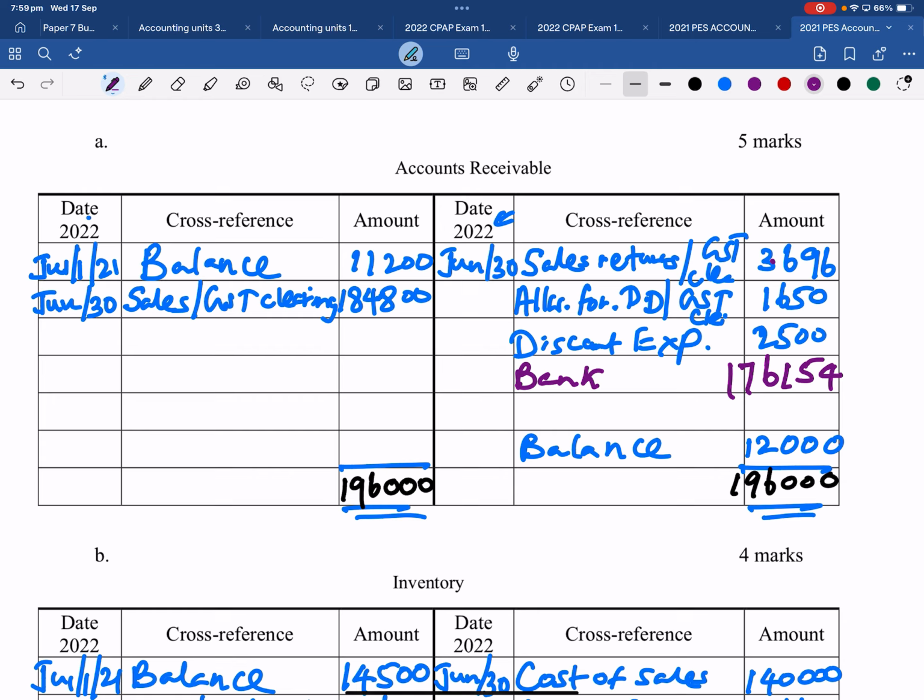Correct? Faster than your calculator? Okay. Alright, guys.